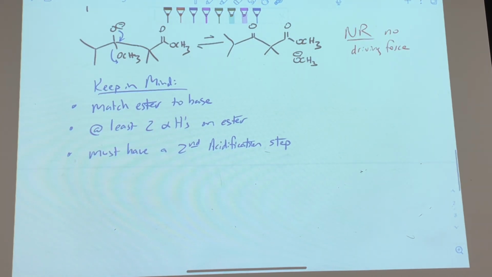Okay, so just as we did with the aldol, you can also talk about crossed or mixed Claisen.